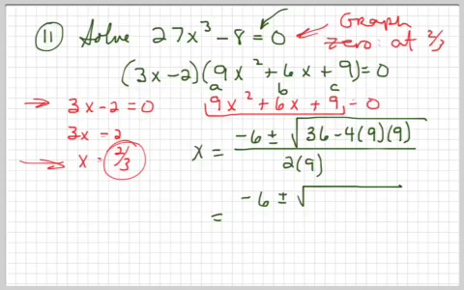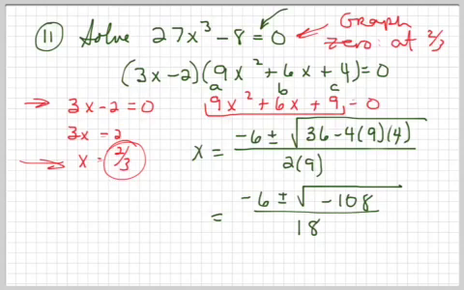I'm not sure where my head was on that. That should be a 2 squared, 4. It's going to change a few things. 4ac. C is now a 4 in here. And so 36 minus 4 times 9 times 4. Yeah, negative 108. There we go.